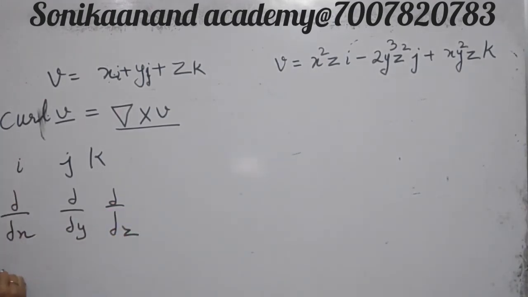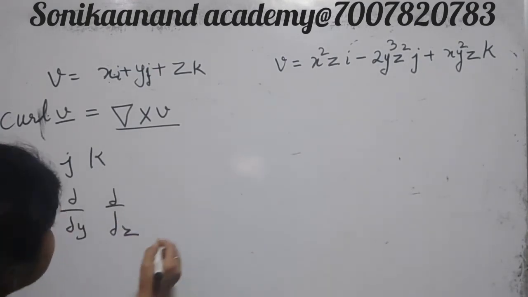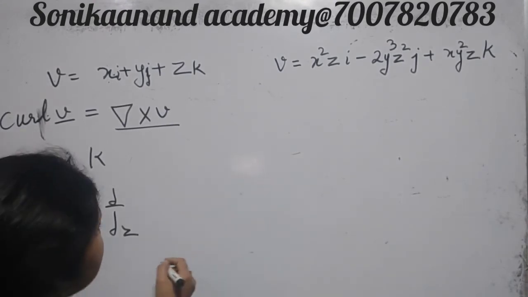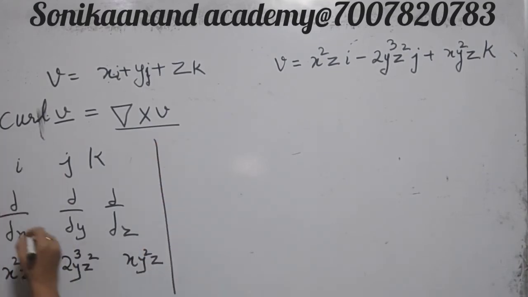Now x square z is the first function. Now 2y cube z square. Then we have xy square z. So it becomes in the form of the determinant.